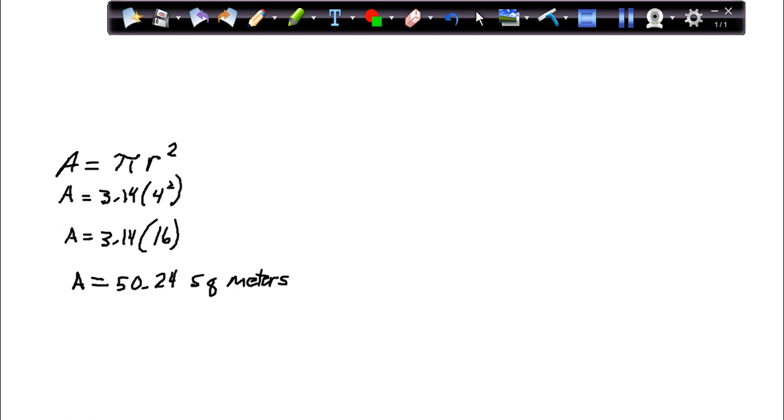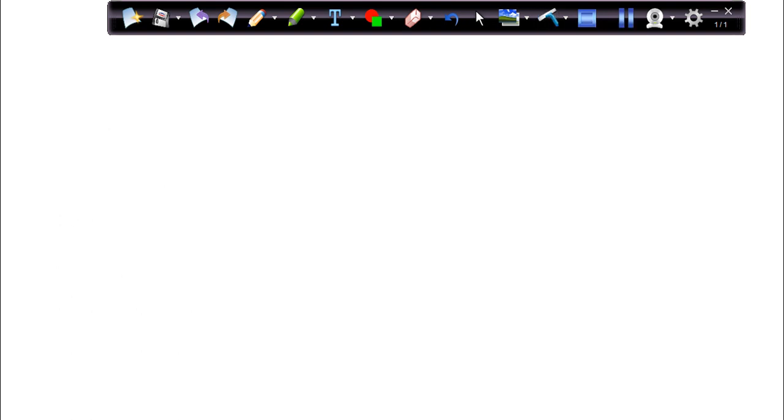Example 3. What is the circumference of circle B to the nearest tenth of a centimeter? Well, we're going to use the formula, right? So let's just write the formula. Let's get a blank screen right quick.